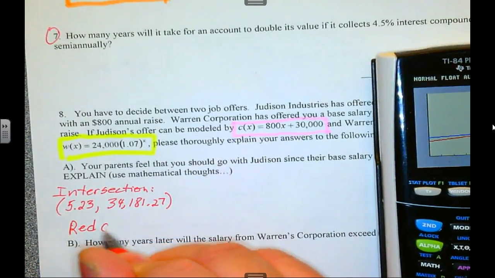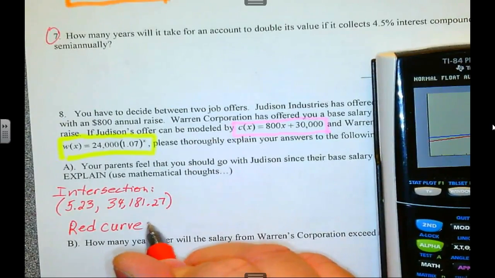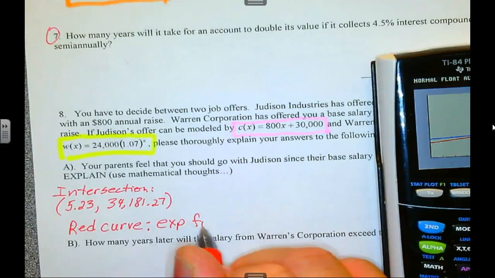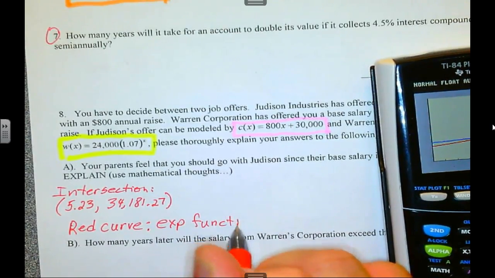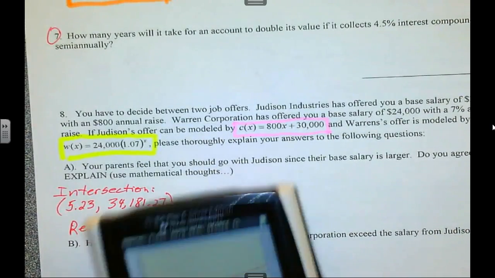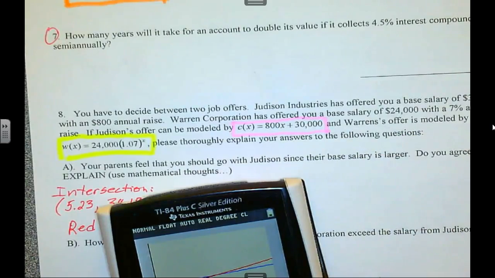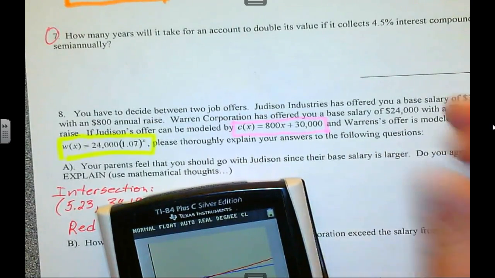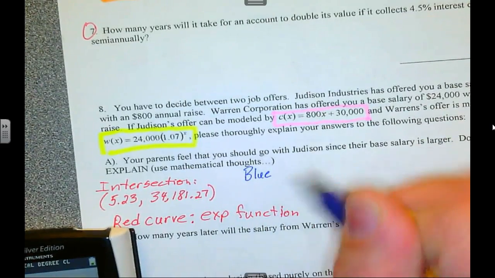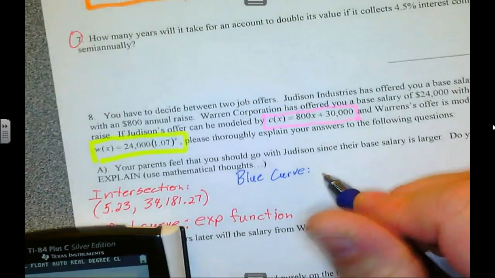So my red curve on my calculator, I don't know what it is on yours, is my exponential function. And my blue one, that's a line by the way, right? Y equals mx plus b. My blue curve here is my line function.